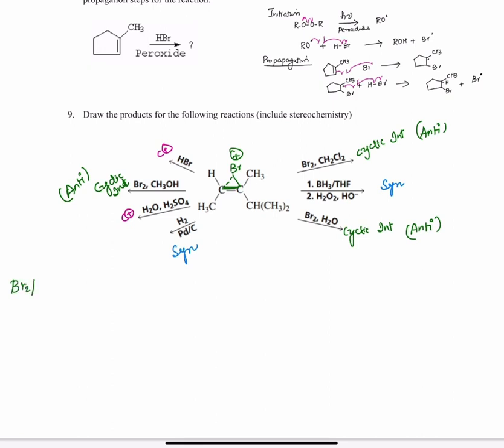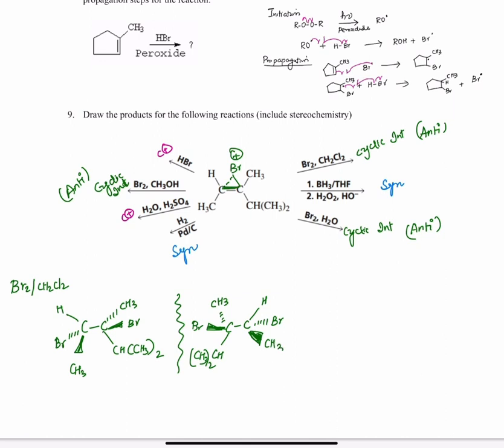So with Br2, CH2Cl2, here is one of the enantiomers, and you can draw the mirror image of this, and that's going to lead to the other product. And you can see from here that the two bromines that are getting added are in opposite directions, right?